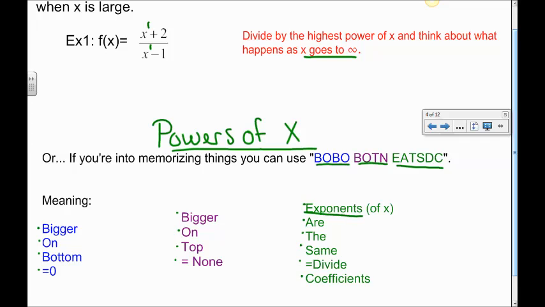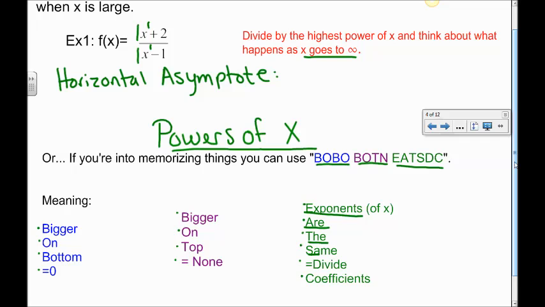So exponents are the same, and it tells us divide coefficients. The coefficients of x are 1 and 1, so we have 1 over 1, which is 1.